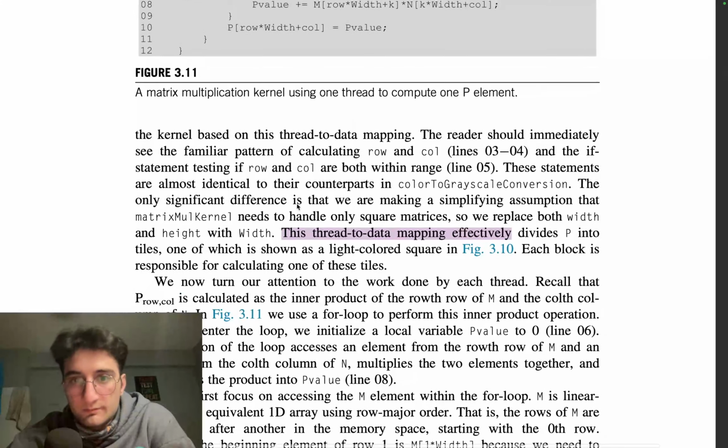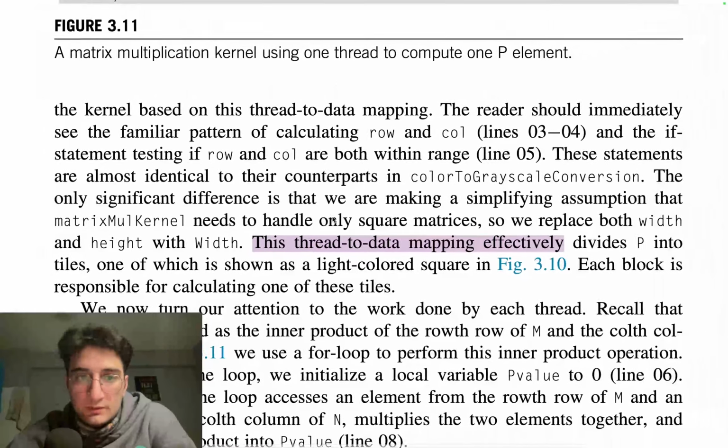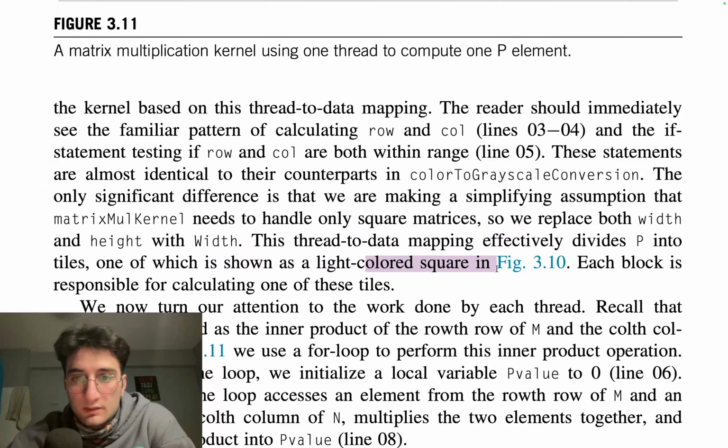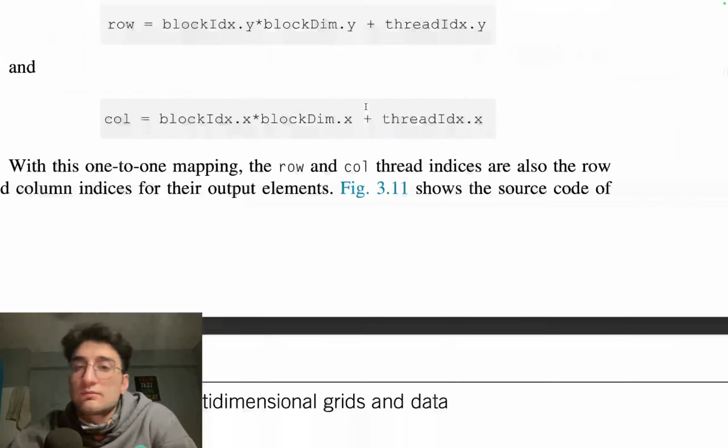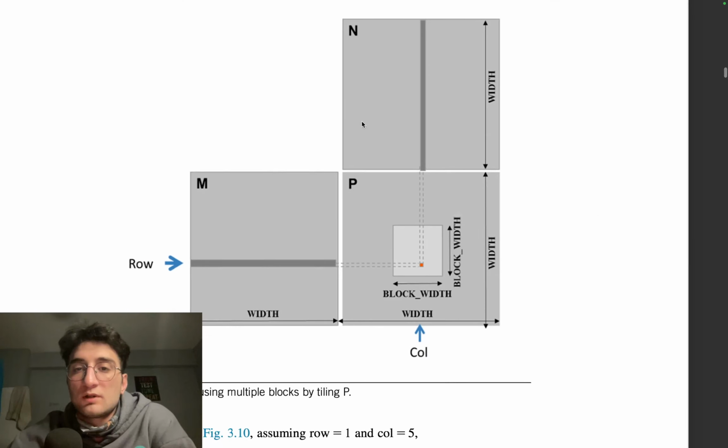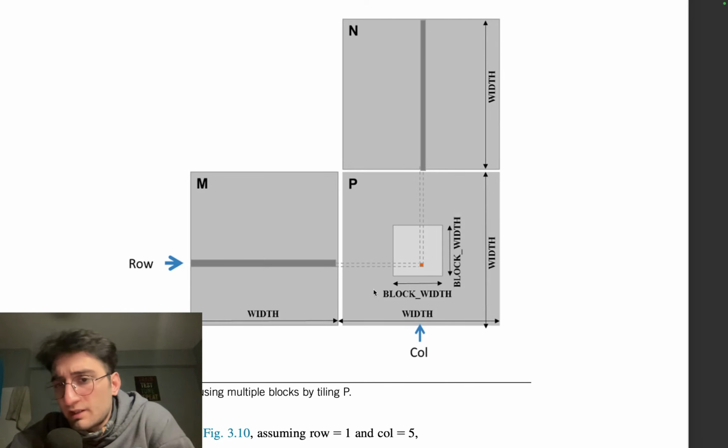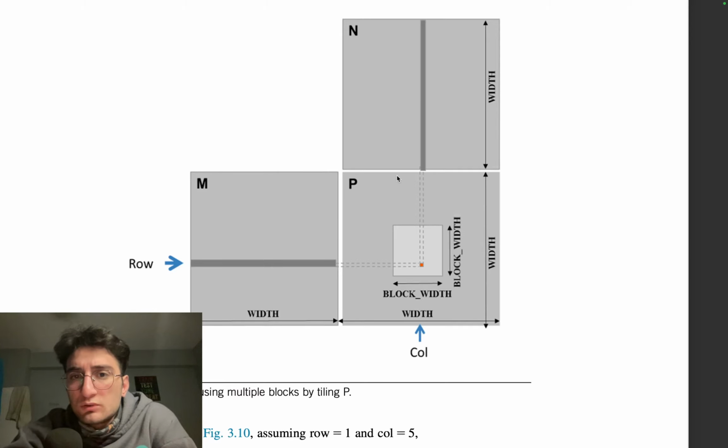Yeah, got it. P is divided into tiles, one of which is shown as a light colored square. I was just assuming that these are blocks, since there are blocks in parallel programming.